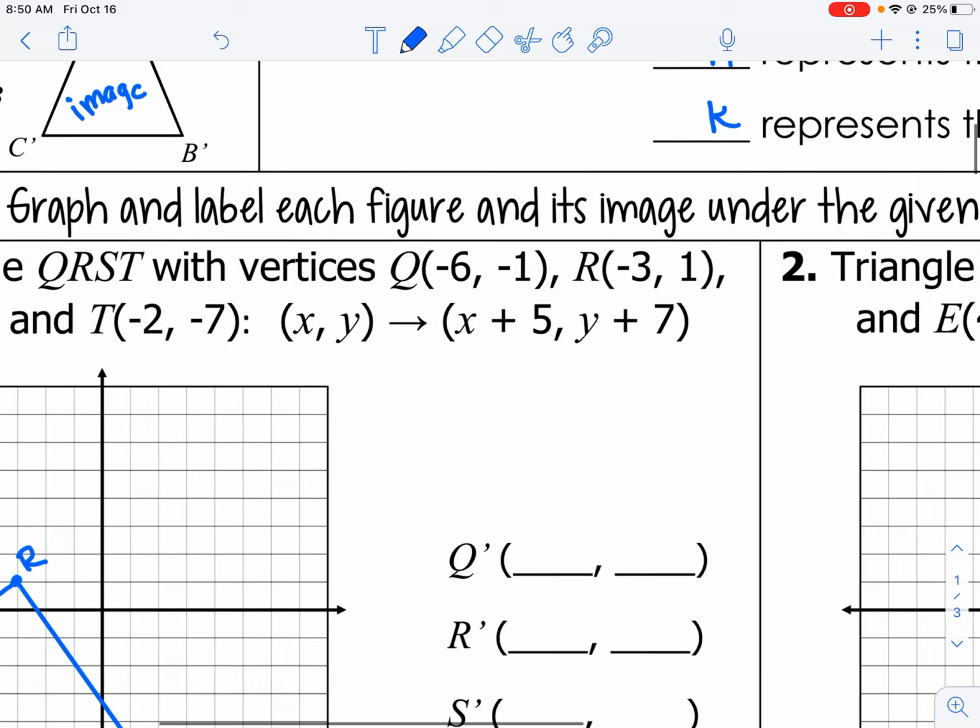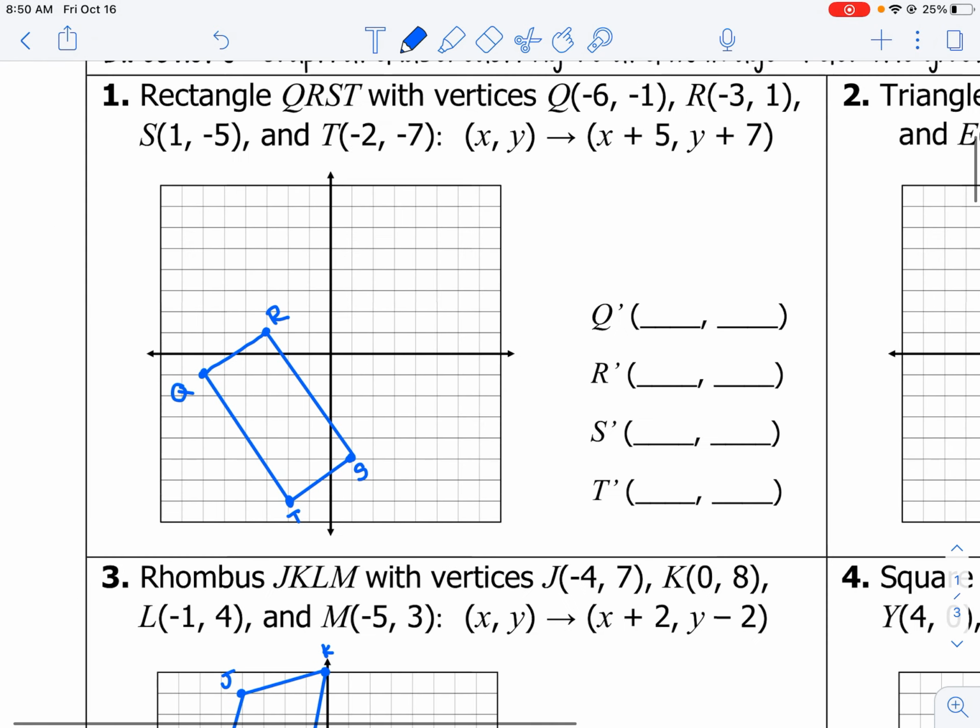Okay, so let's look at the first one. I already went ahead and graphed the pre-image just to save time and make the video a little bit quicker for you guys. I'm going to be looking at my translation rule. It has x plus 5, so I'm adding 5 to the x value, which moves it to the right 5.